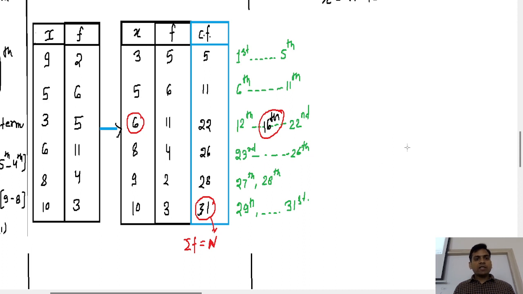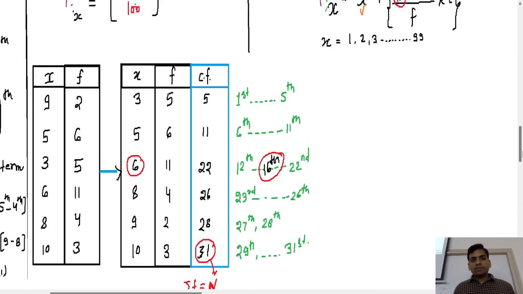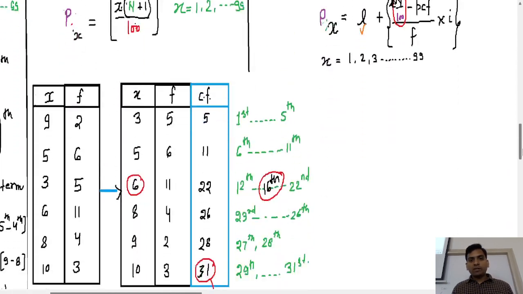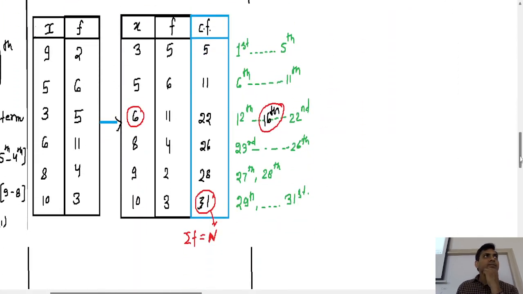So this is the arranged data set. Now what is your target? What do we have to find?